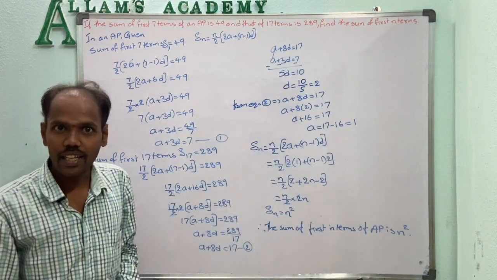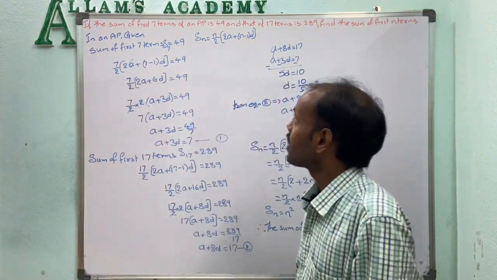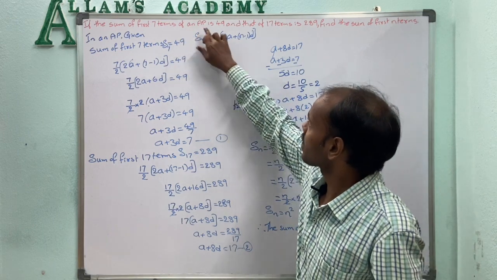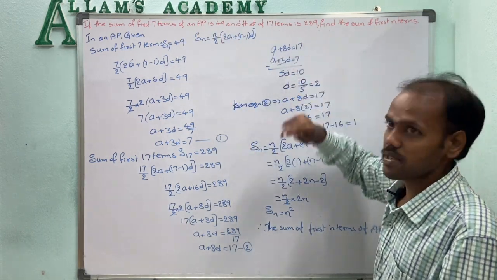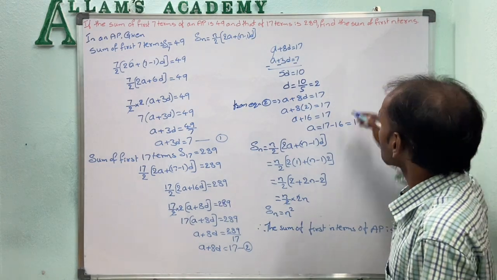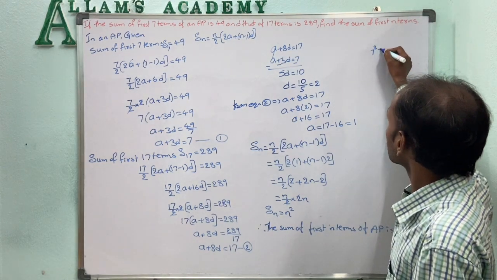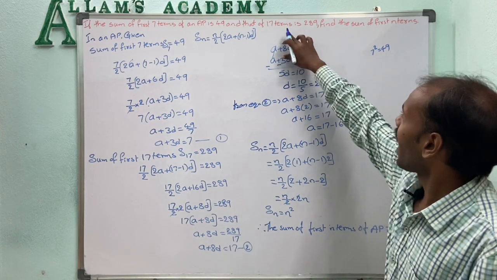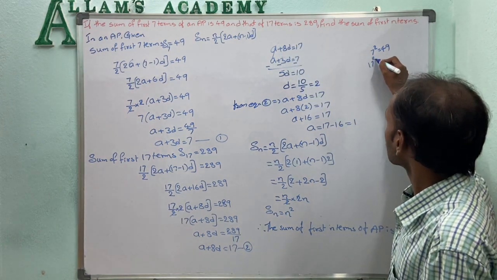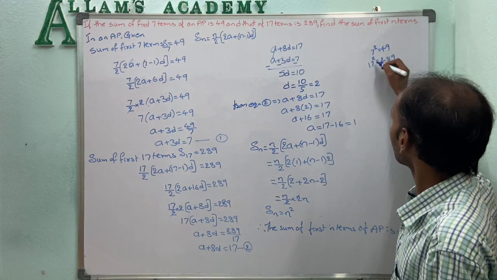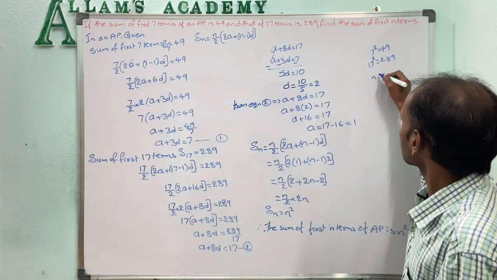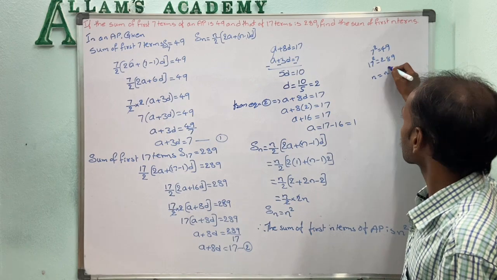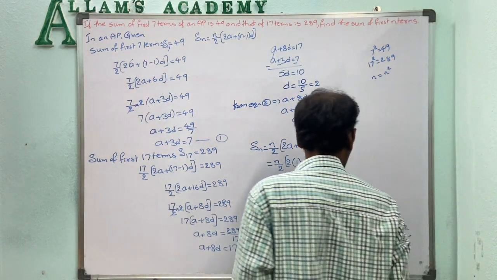Now if we observe the problem, the sum of first 7 terms is 49 given, and the sum of first 17 terms is 289 given. So 7 square is equal to 49 and 17 square is equal to 289. So for that purpose, the addition of 7 terms is equal to n square. Simply, that is the answer.